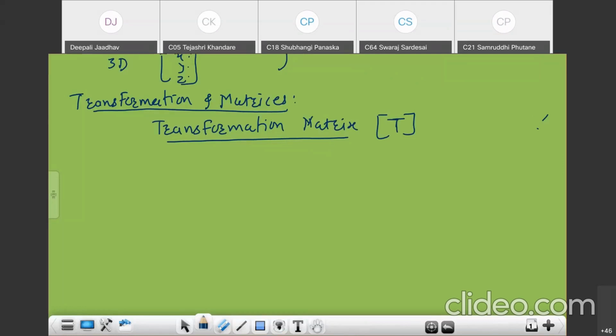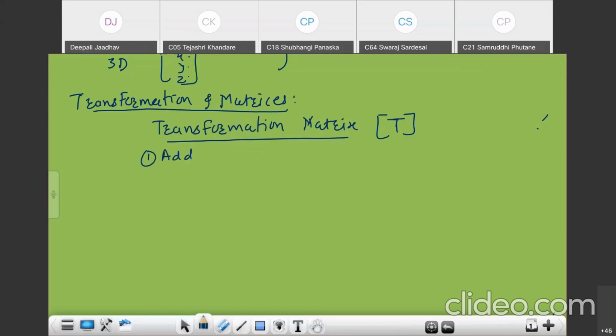Means for translation we use one matrix, for scaling we use some other matrix, and what the values in those matrices are, we are going to see one by one. Only remember that to perform these different kinds of transformations, we need the transformation matrix. First reason is that we represent the point, line, object in matrix form, and second is that we can perform different operations on these matrices.